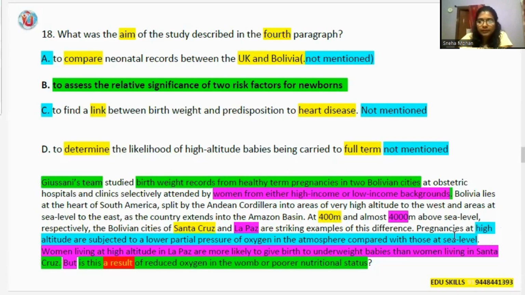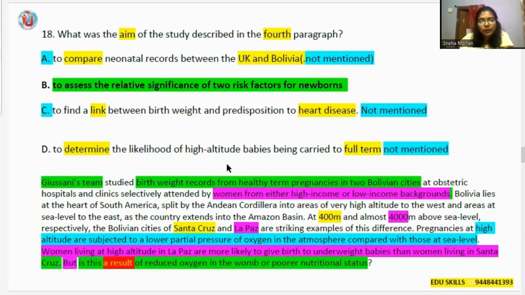They have a comparison with high altitude and low altitude. That is, pregnancies at high altitude are subjected to lower partial pressure of oxygen in the atmosphere compared with those at low altitude, that is at sea level.